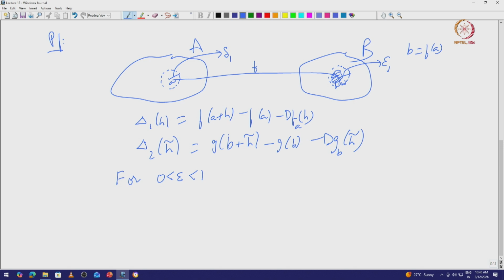So what is it that we want at the end of the day, given epsilon?